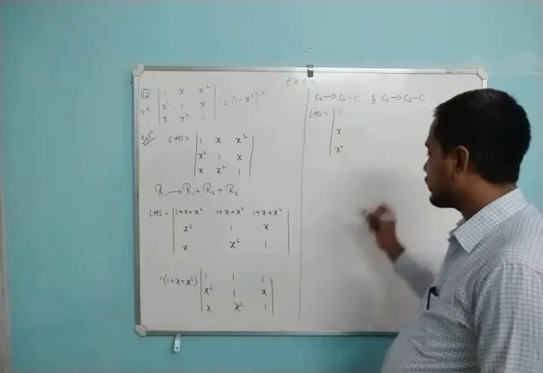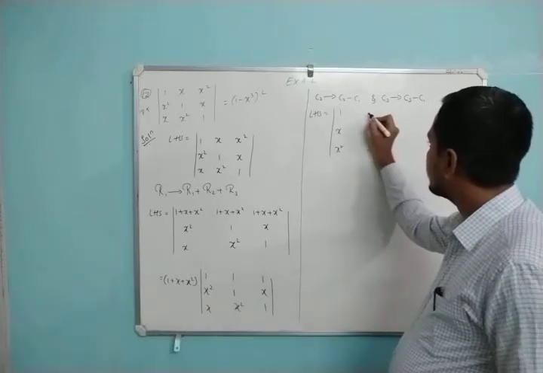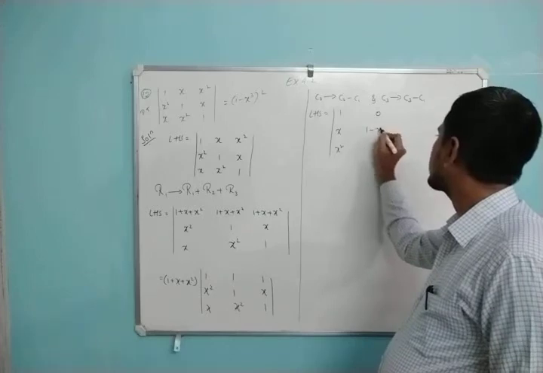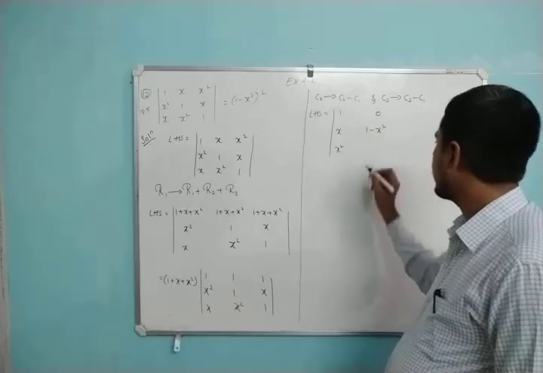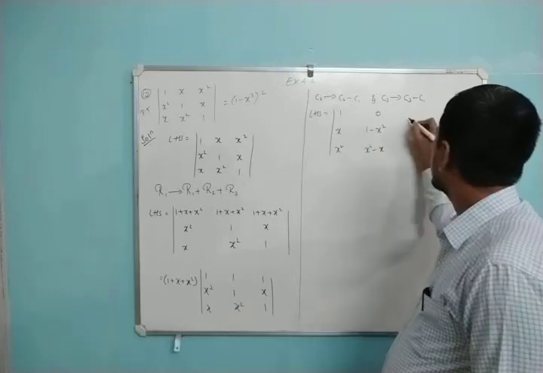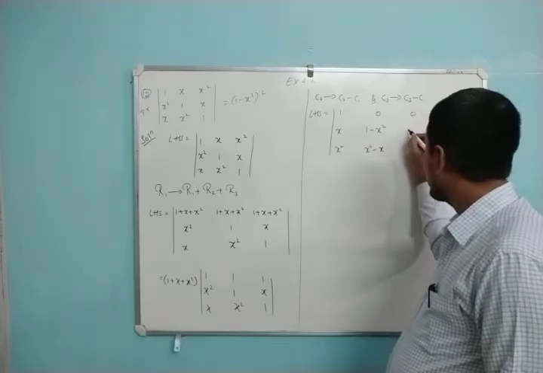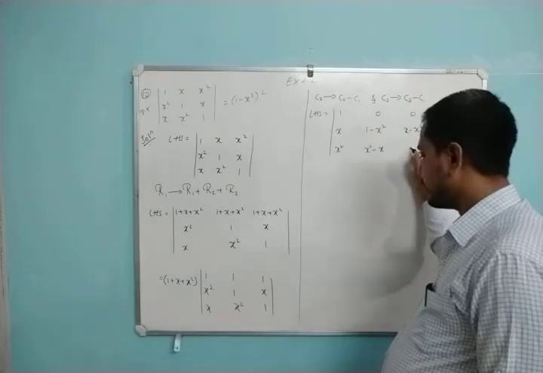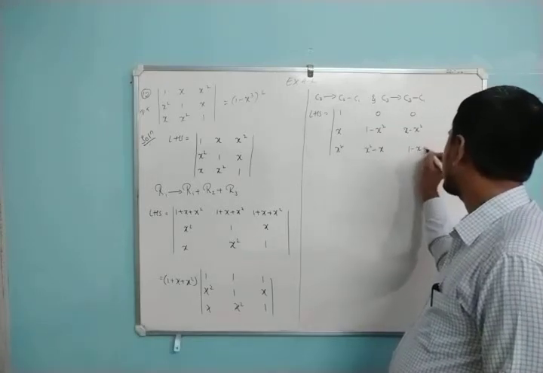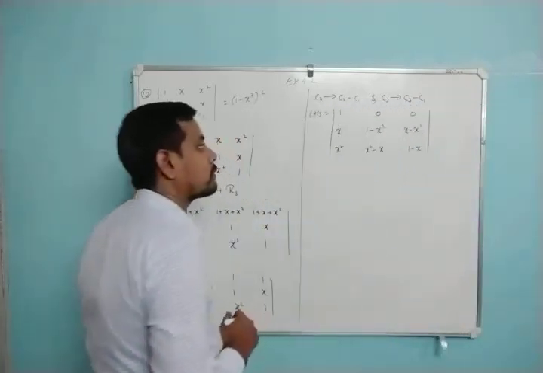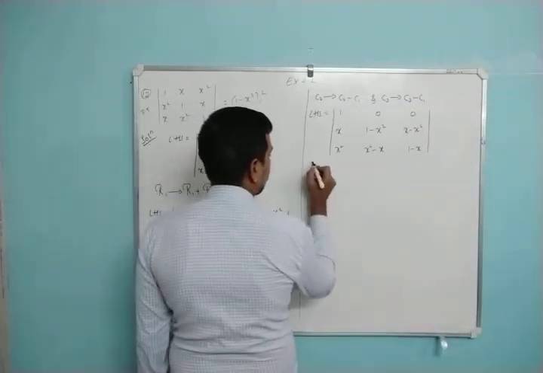C2 is changing as C2 minus C1: 1 minus 1 is 0, this will be 1 minus x square, then x square minus x. Here also 1 minus 1 is 0, x minus x square, then 1 minus x. Now expanding through the first row.